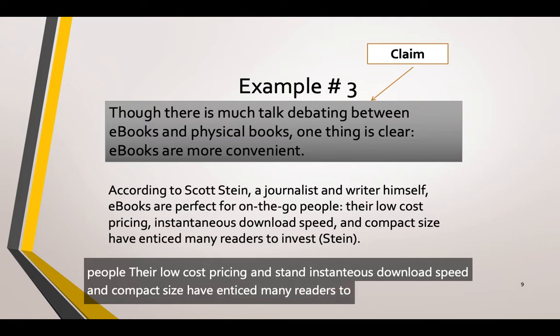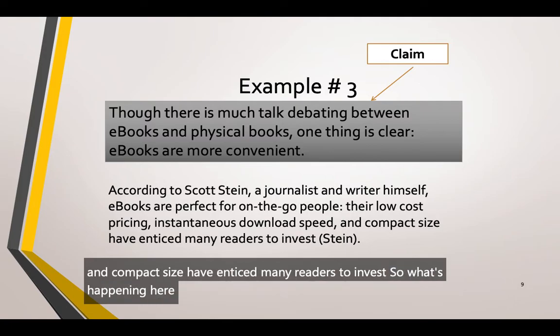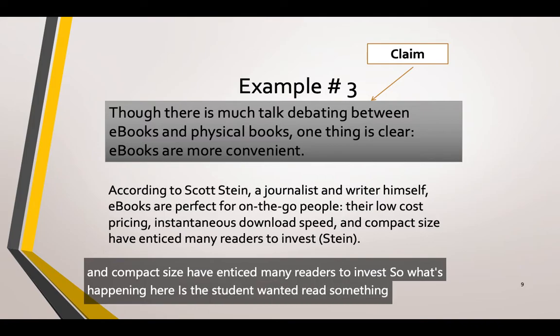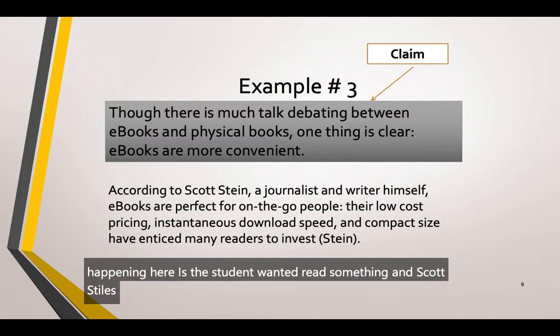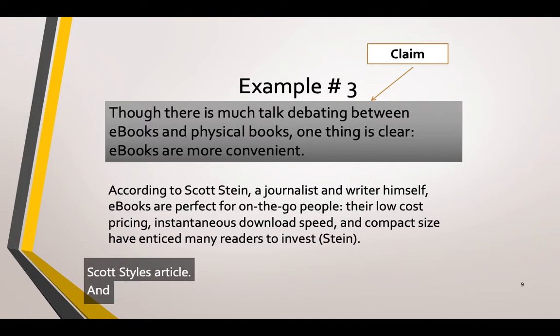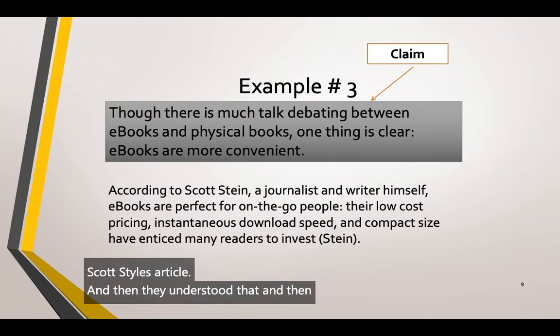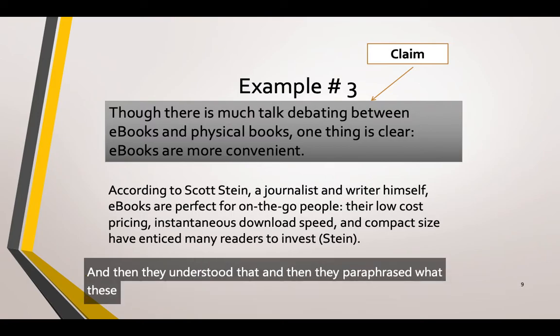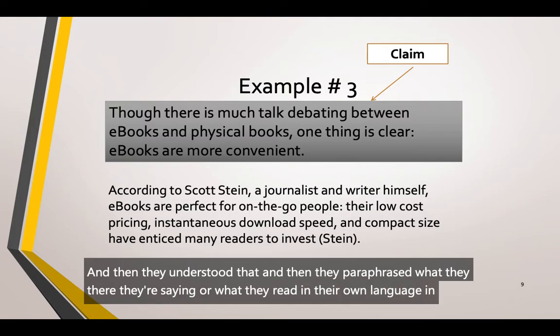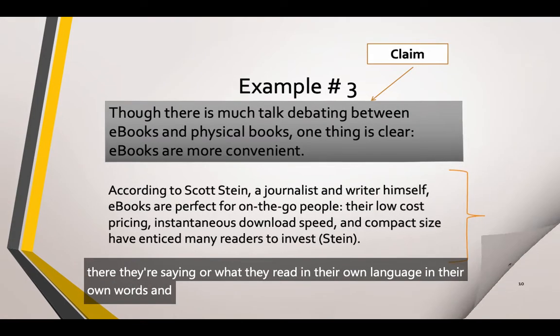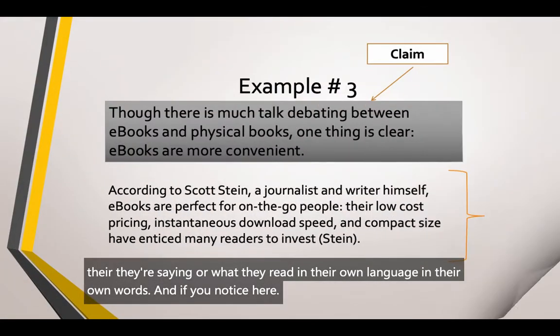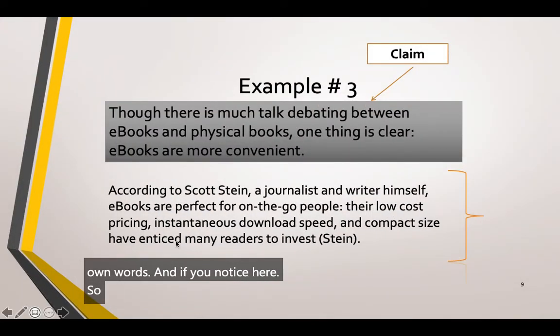So what's happening here is the student read something in Scott Stein's article, and then they understood that, and they paraphrased what they read in their own language, in their own words. So this is the paraphrase here.